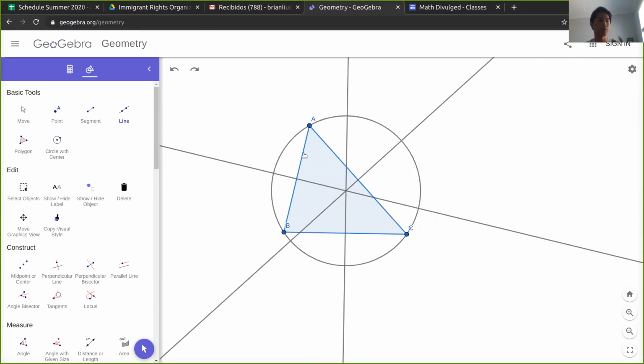So we can start out with the definition that a circle is determined by a center and a radius, and then use that as the baseline definition and prove that any three points have a circle going through them. So this is now our hypothesis. We want to know why these perpendicular bisectors go through the same point.